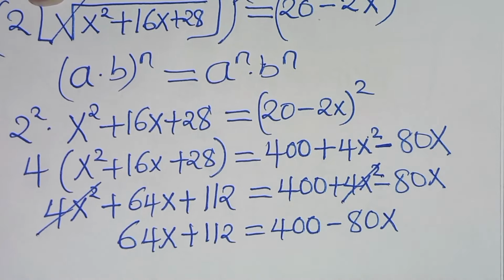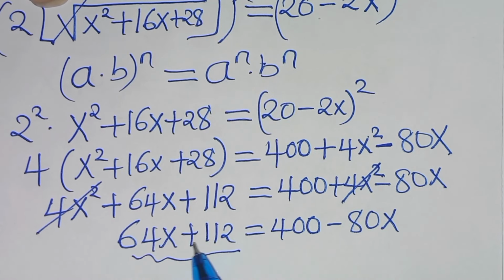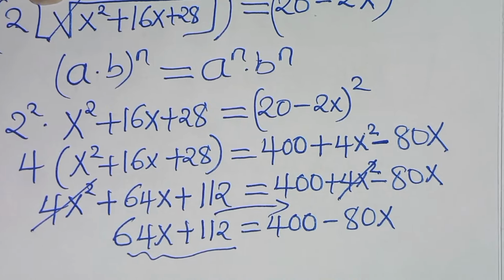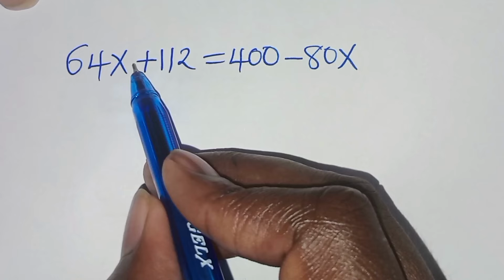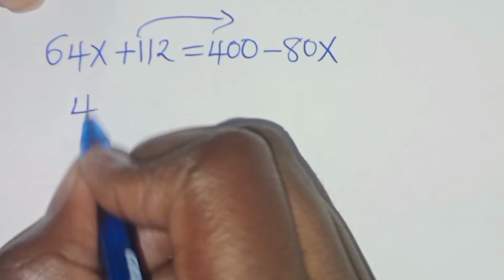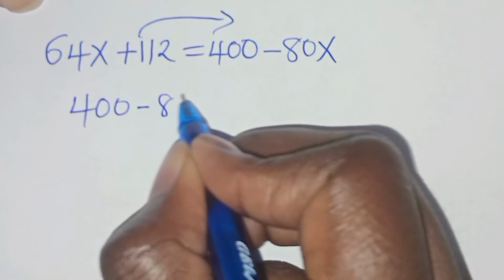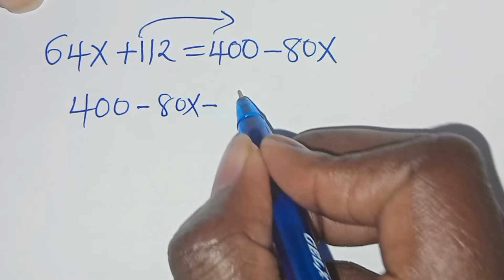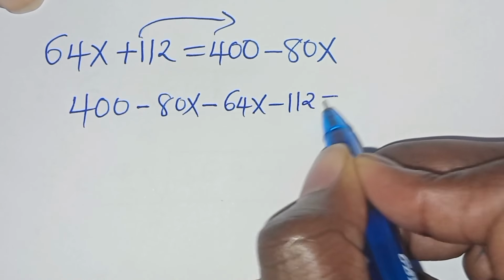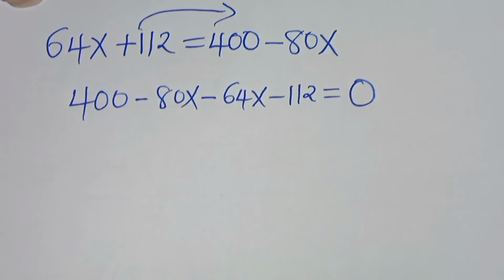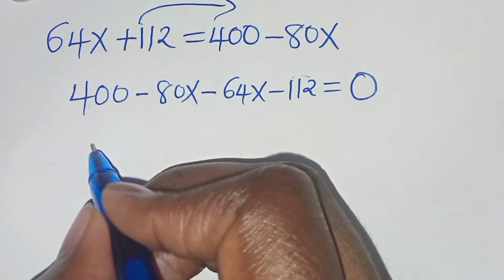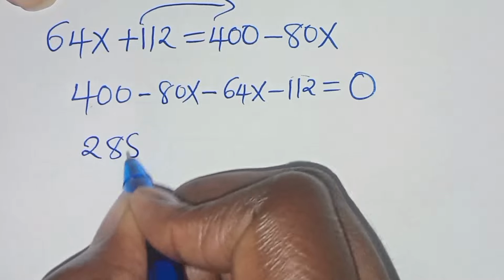Now, the next step, let's take 64x plus 112 on the right-hand side, so that now we have 400 minus 80x minus 64x minus 112. This is equal to 0. So 400 minus 112, this is the same thing as 288.